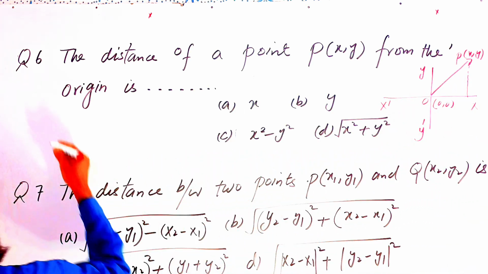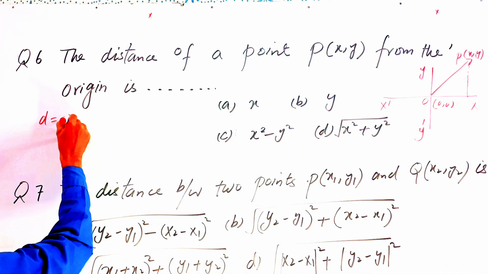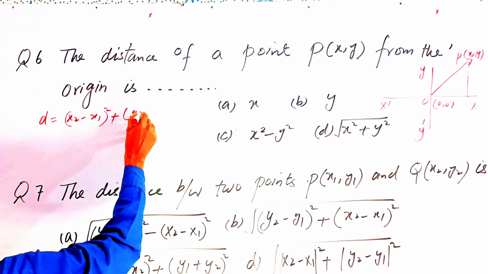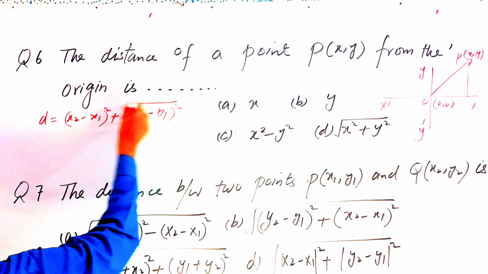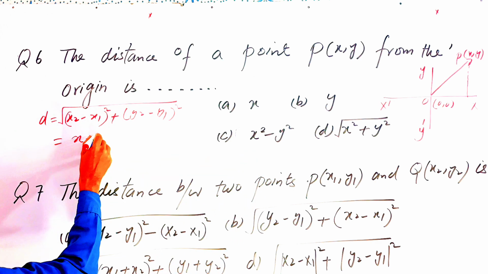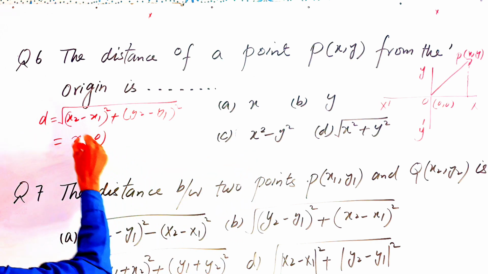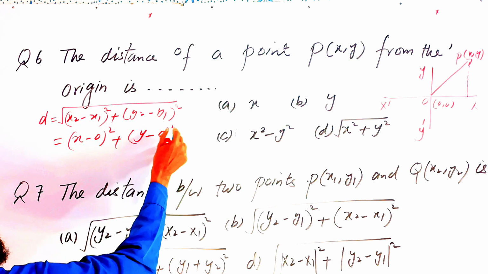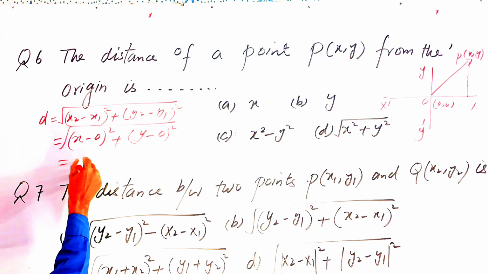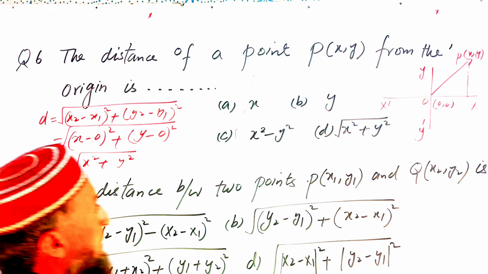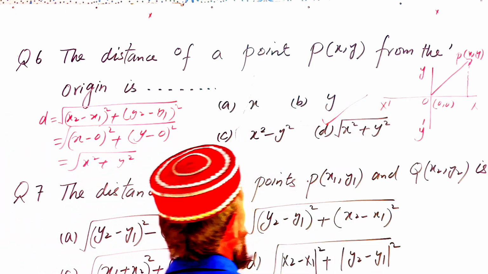Using the formula of distance, d is equal to the square root of (x2 minus x1) whole square plus (y2 minus y1) whole square. Here x2 is equal to x, x1 is equal to 0, y2 is equal to y and y1 is equal to 0. So the answer is the square root of x square plus y square. Here option D is the correct option.